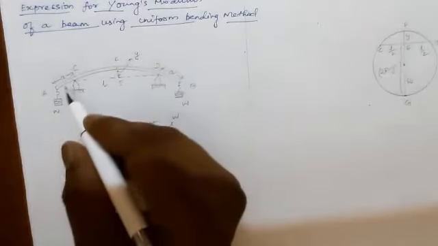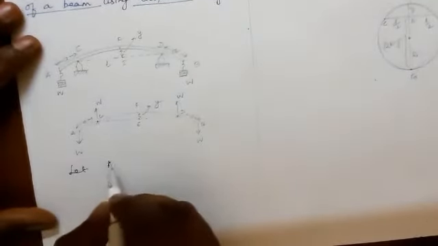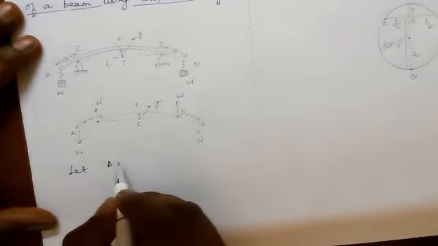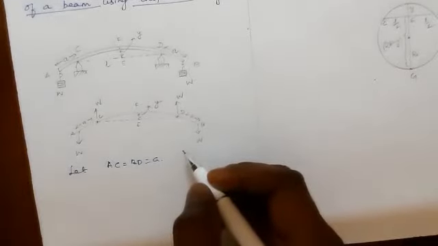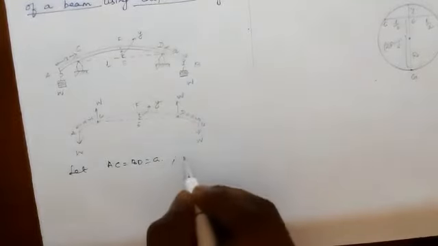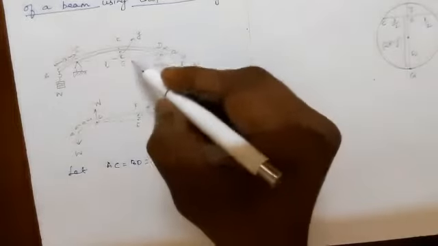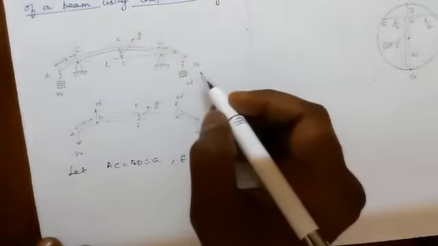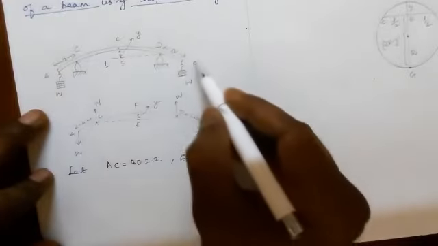Let the distance AC equal BD equal a. The center of the beam is E. Due to the applied load W on both ends, the beam bends like this.